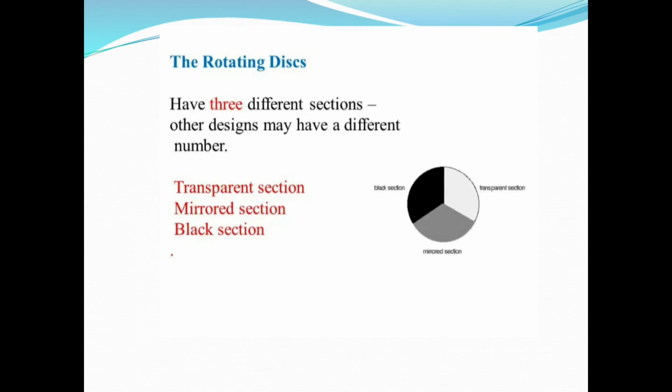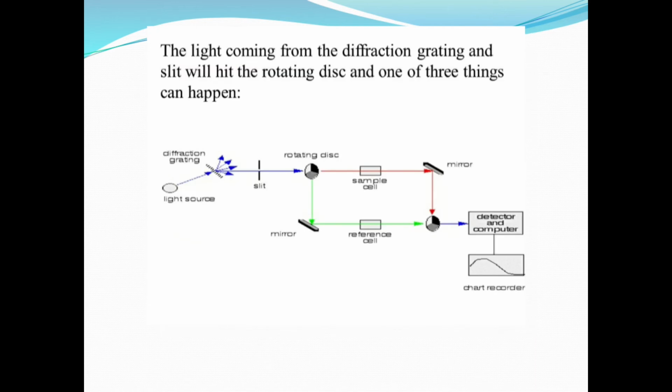Rotating disc. The double beam spectrophotometer is mainly based on reflection by using rotating discs. The rotating disc has three sections: transparent section, mirrored section, and blank section. The light coming from the diffraction grating and slit will hit the rotating disc, and one of three things can happen.